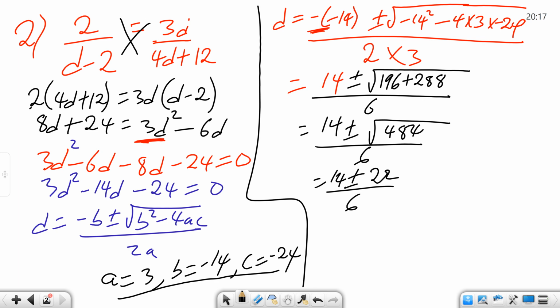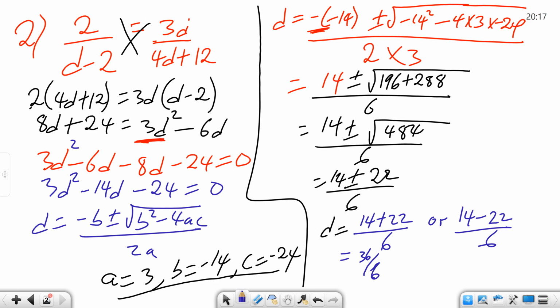So here we have the values of d to be 14 plus 22 over 6 or 14 minus 22 over 6. 14 plus 22 gives 36 over 6, or 14 minus 22 gives minus 8 over 6.